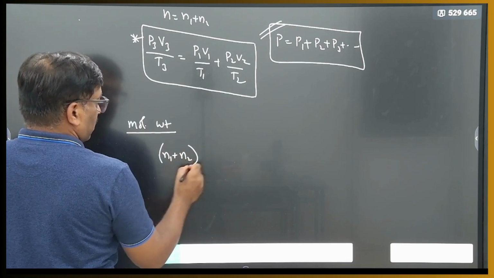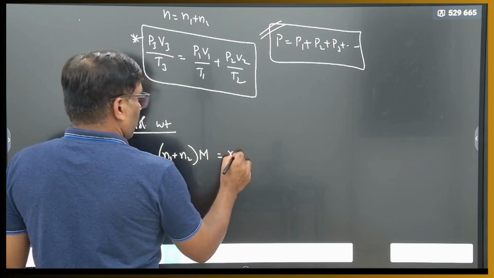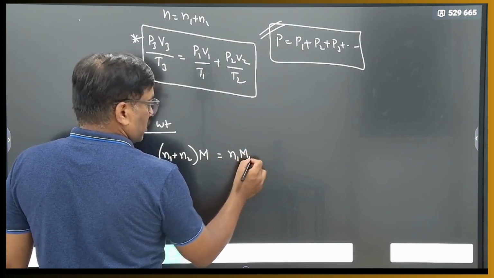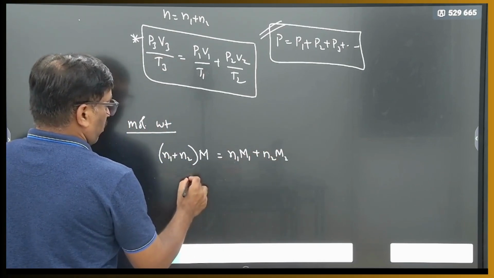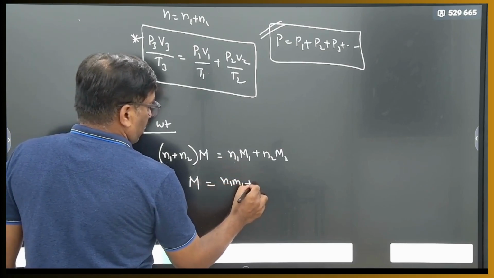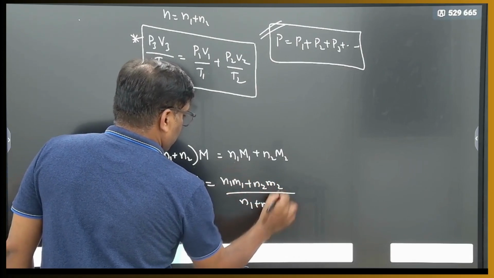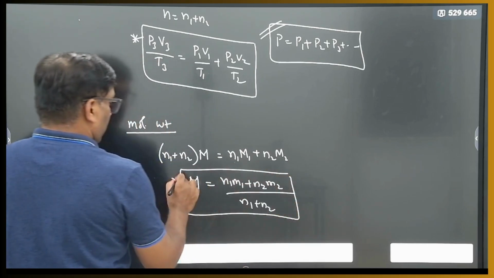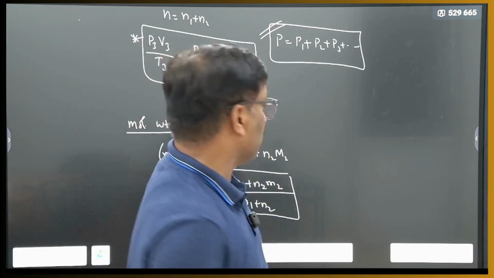Two gases are there, so the molecular weight of the mixture will be N1 times the molecular weight of the first gas plus N2 times the molecular weight of the second gas. Therefore, the molecular weight of the mixture is (N1 M1 plus N2 M2) by (N1 plus N2). In this way, we can calculate the molecular weight of a mixture of gases.